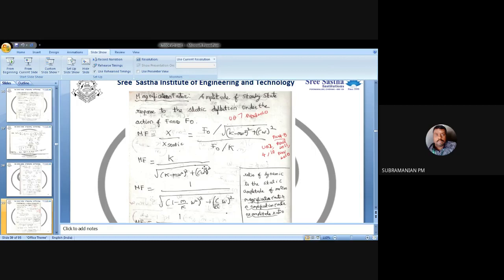It is in the objective exam, no? They may ask you for the expression for magnification factor in different formats, or ask you to simplify it, so you have to be familiar with all the formats. Now I am taking the magnification factor in terms of two ratios.